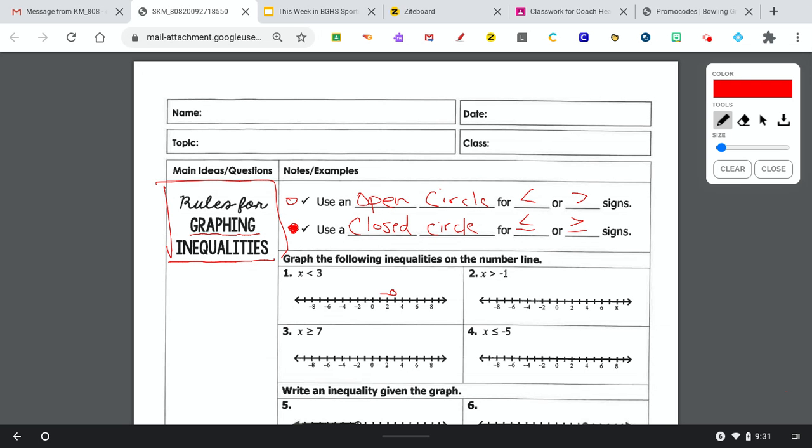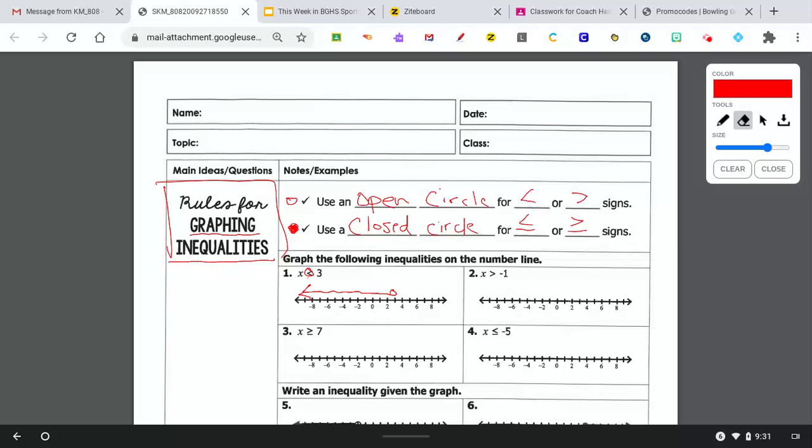So I would shade my line this way. If you look at this symbol, it's pointing to the left, so that's the way I shaded it. That's a little trick. When your variable is on the left, you can look at it that way. But you can also see that all these numbers to the left are less than 3.